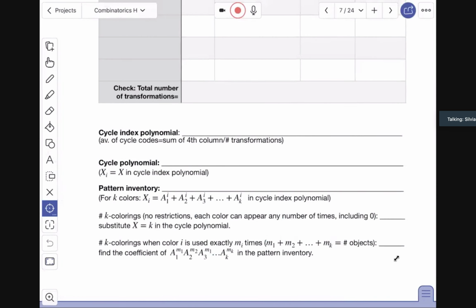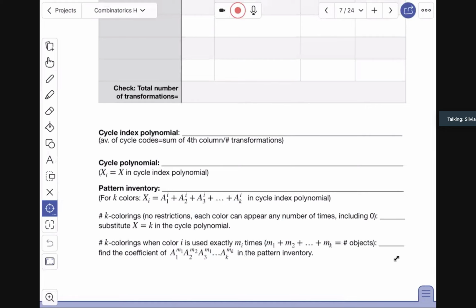So what you do is, in the pattern inventory, you find the coefficient of that term. And that kind of goes back to chapter 1. It's not very difficult and there's not a lot that you have to remember, but this is all we need.